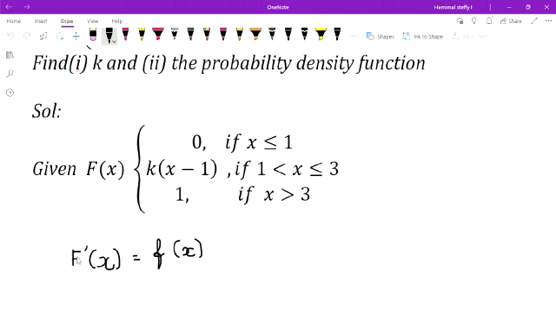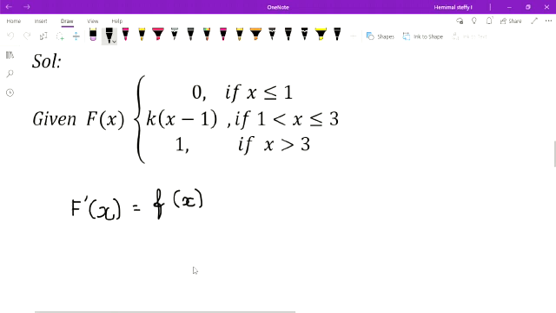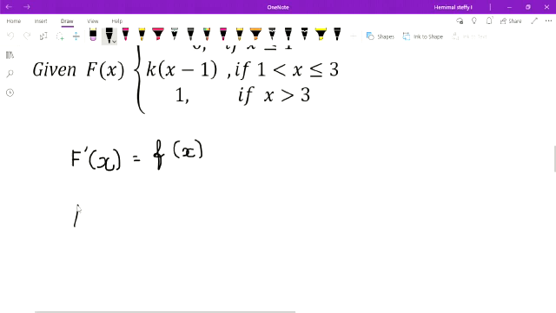You know that F dash x equals f of x. That means taking the differential of capital F of x gives small f of x. So I am going to differentiate each part of this equation.